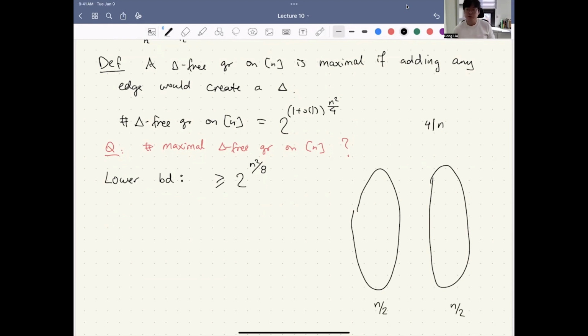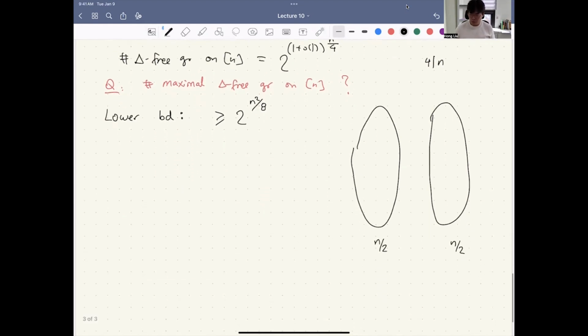Here's n over 2 vertices, even number. Good. Now, the construction. In the first step, let's put in a perfect matching in the left-hand side. Let's call it X. Here's Y. So we have a perfect matching.